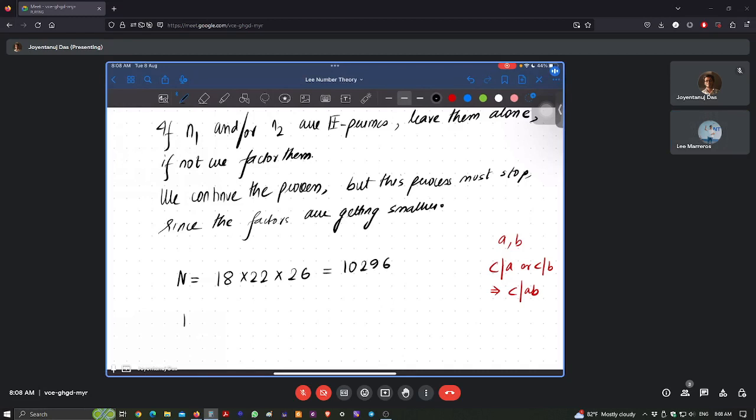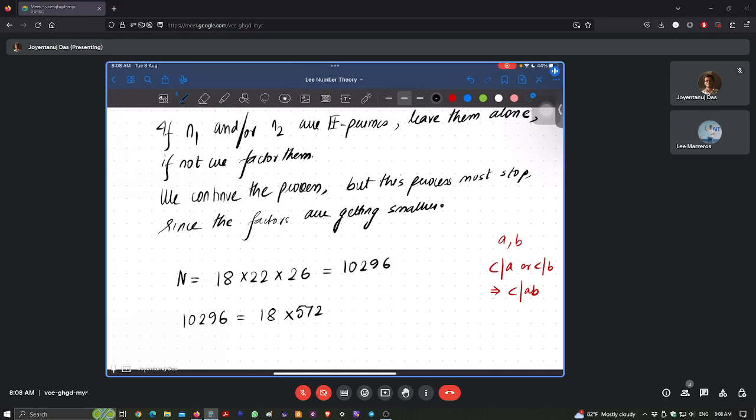If I start with this number, then I can factor out 18. 18 times 572. Now I know that 18 is an E prime because it is 2 times 9, so we will not divide it further.